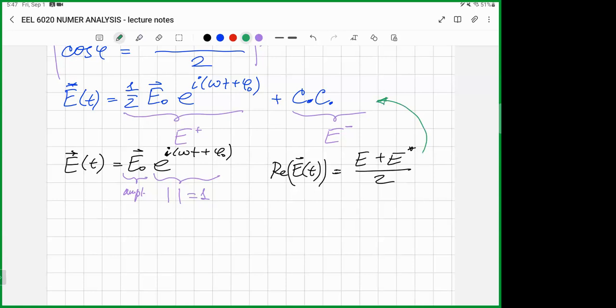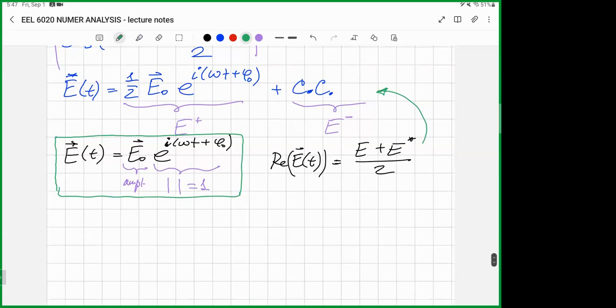Okay. So once again, for all the calculations, when I am dealing with a single frequency signal, like a sinusoidal signal, I can use for my calculations this exponential representation of the signal. And then for the final result, I will just need to take the real part of the result.